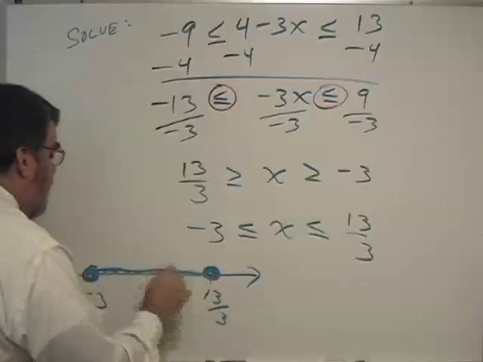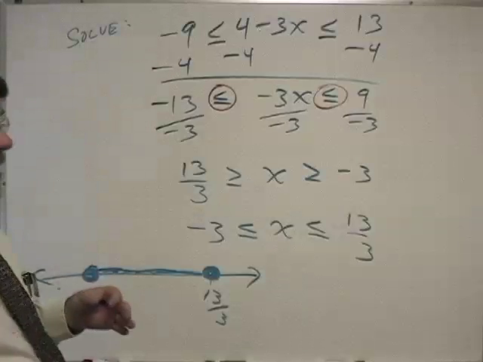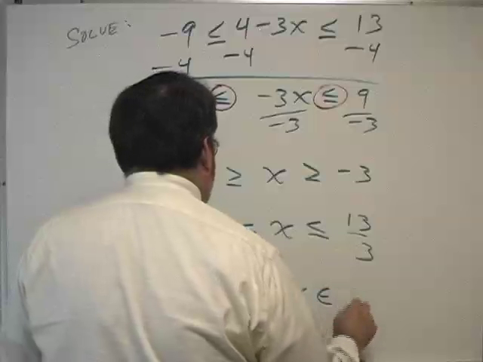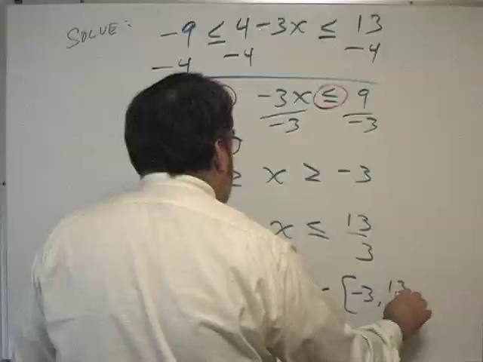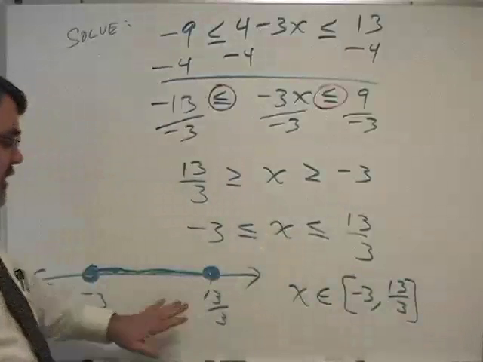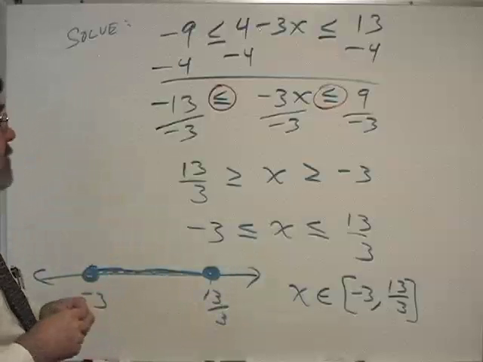And so we shade in between these two numbers. And there we go. And with interval notation, x would belong to bracket negative 3, comma 13/3, close bracket. So there it is, the graph and interval notation.